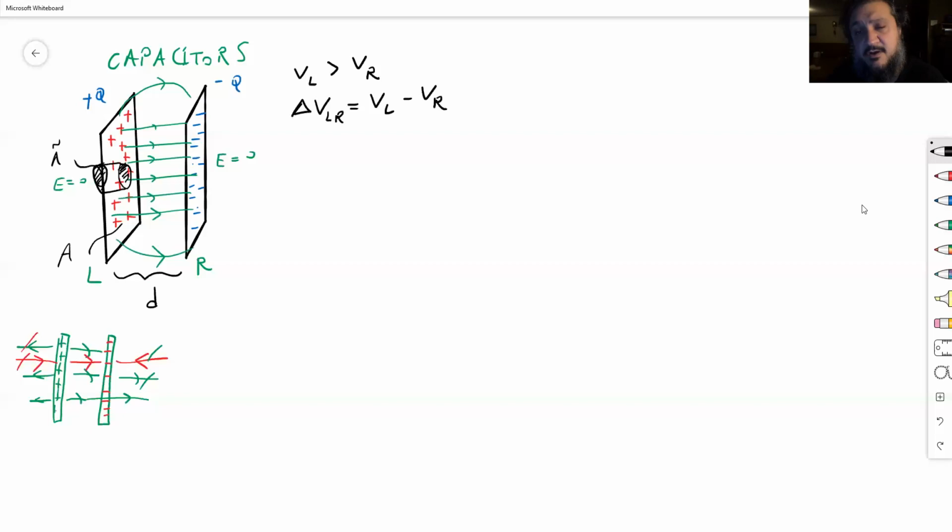This A is the area of the plate. So what does Gauss's law say? This integral E dot dA over the closed surface, which is the cylinder, will be equal to the charge enclosed divided by epsilon 0. That's one way of finding the electric field.